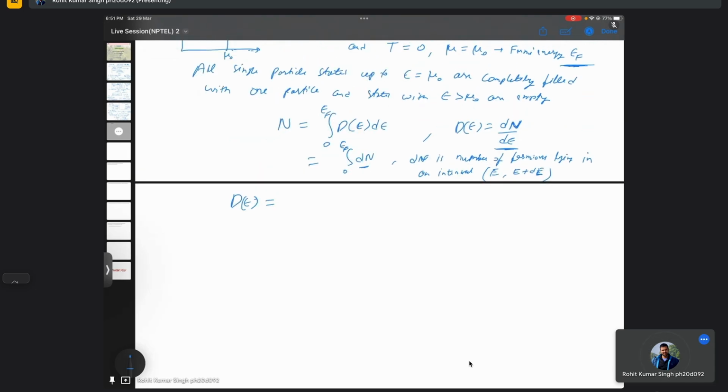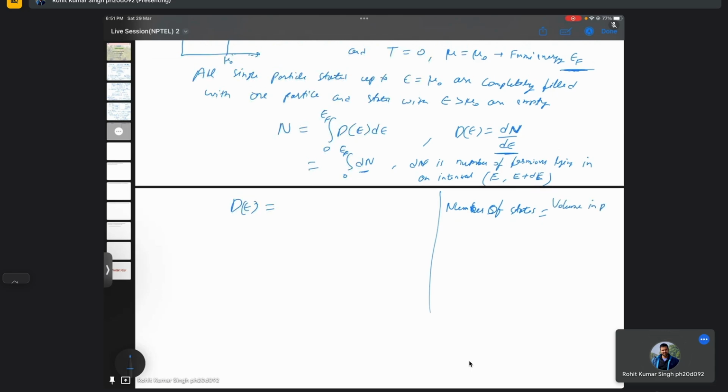And so we know that the number of states is given by the volume in phase space divided by the unit volume of the phase space, I mean the volume of a single state in the phase space, which is just h cube.